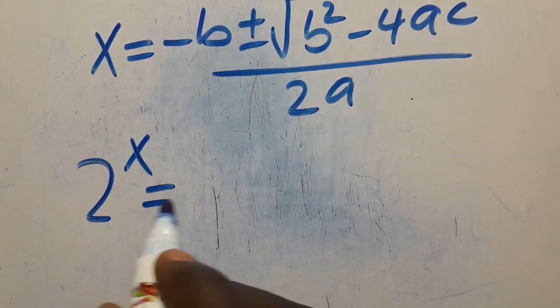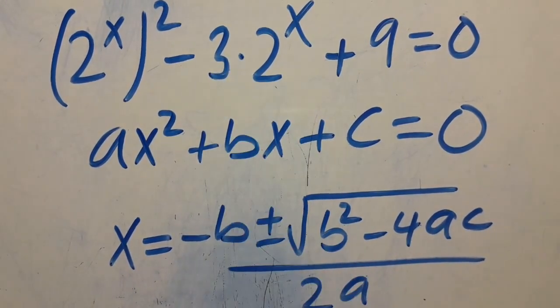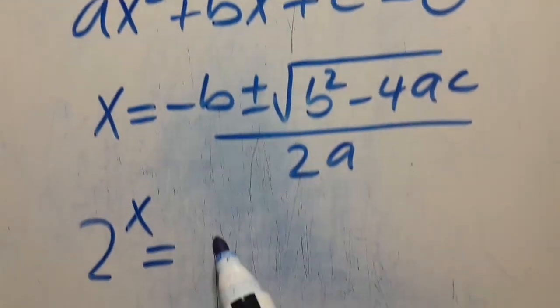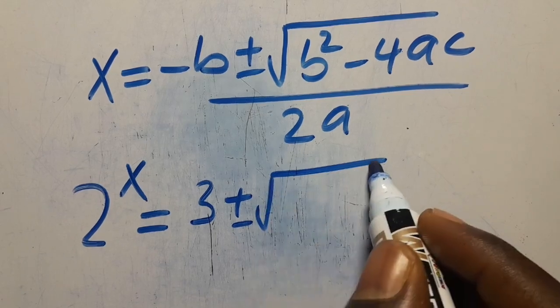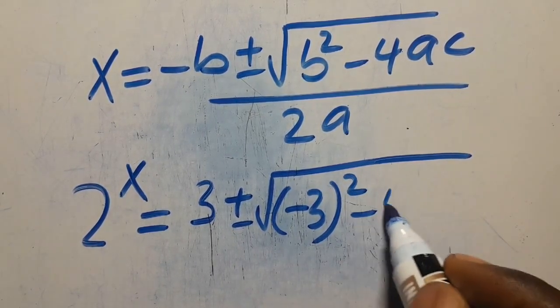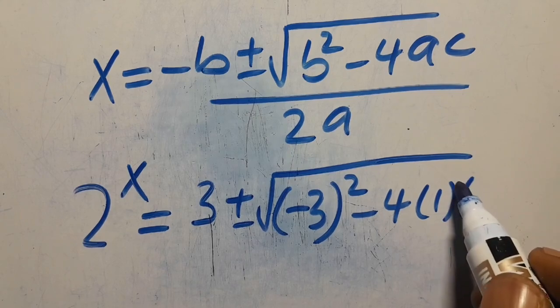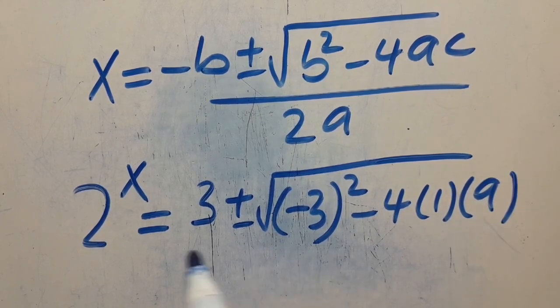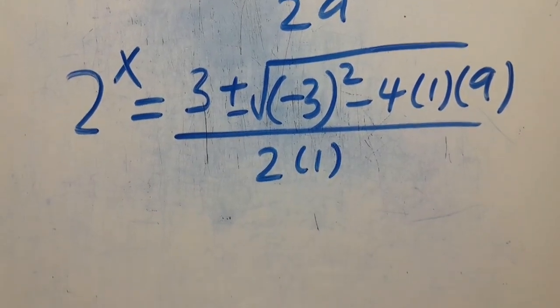2 to the power of x equals: my b, the coefficient of 2 to the power of x, is minus 3. So here will be 3, positive or negative, root of minus 3 in parentheses to the power of 2 minus 4 multiplied by a, which is 1, multiplied by c, which is 9, divided by 2 times 1.